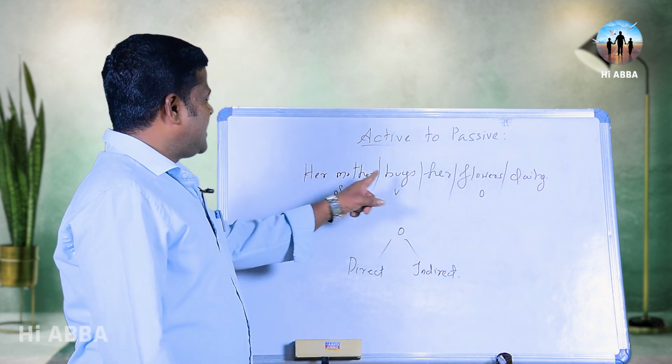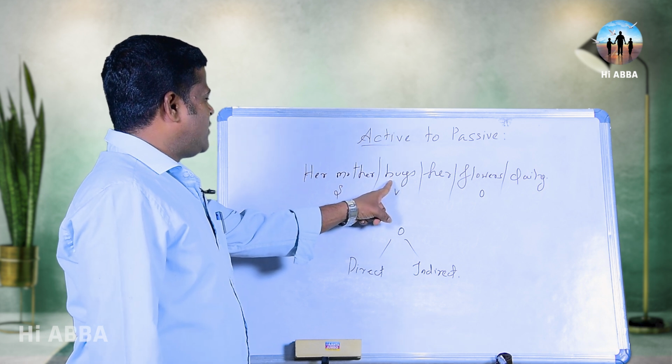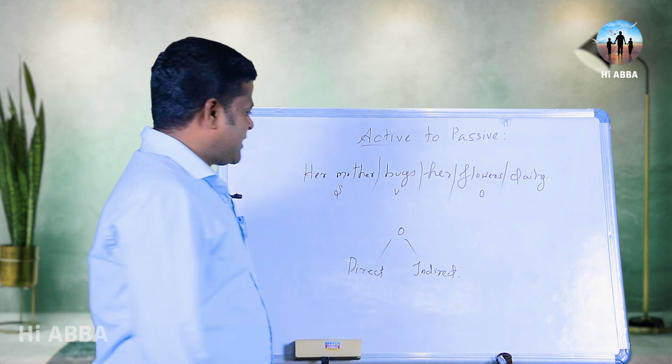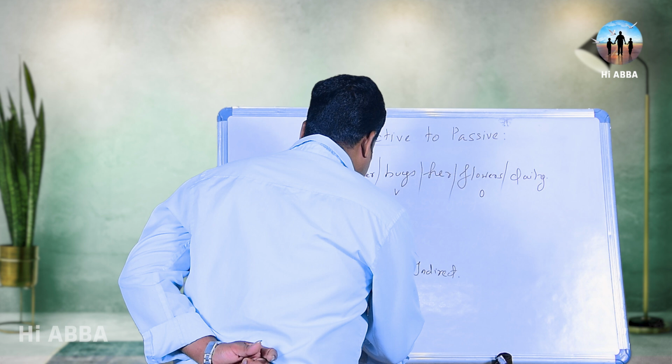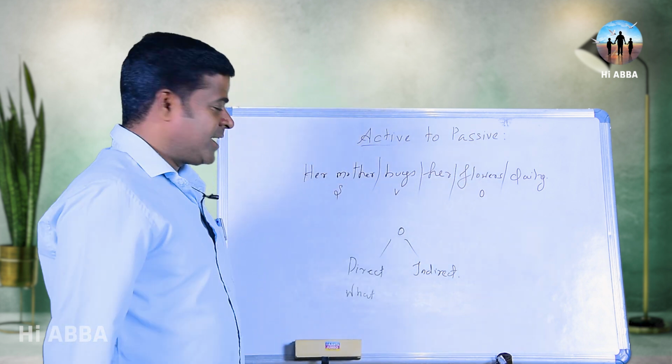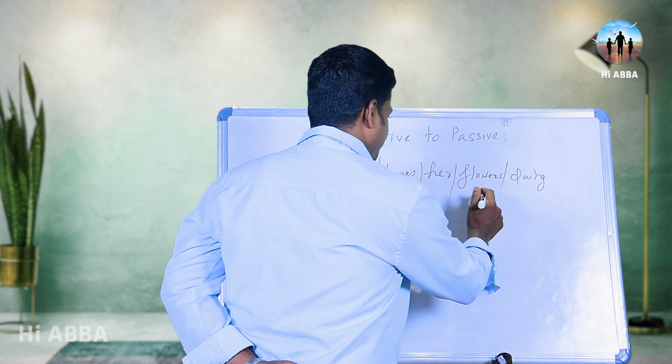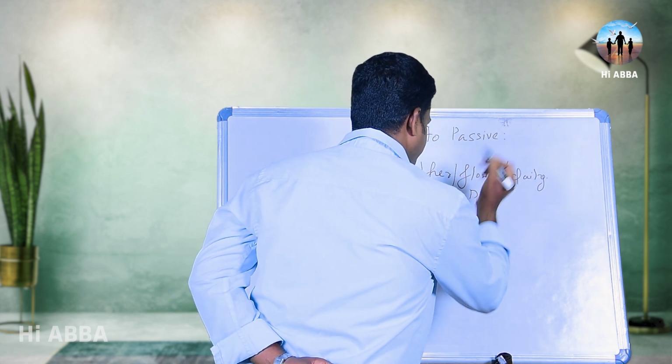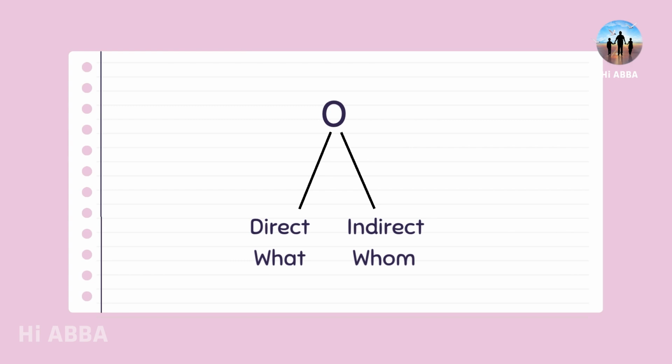Take the sentence and ask, what does she buy? If the question is answered by what or which, then it is a direct object. If you ask whom she buys for, and the question is answered by whom, then it is an indirect object.